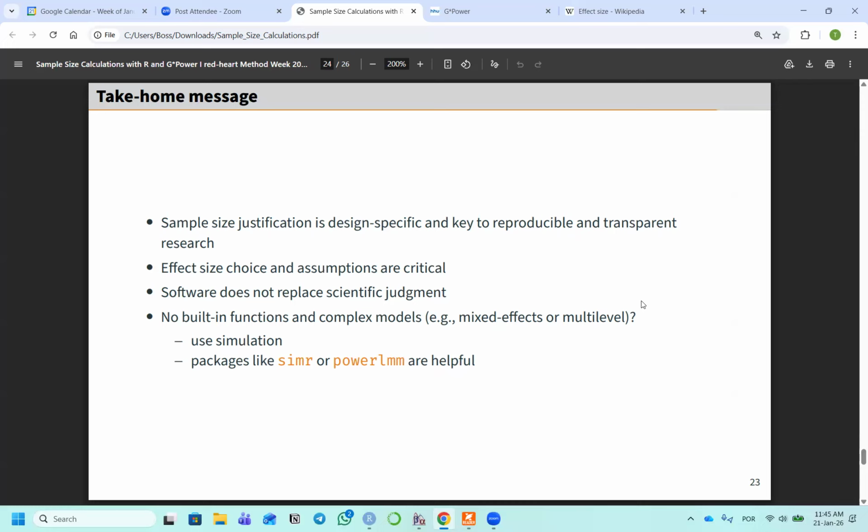So again, justifying your sample size is very critical and important for reproducible and transparent research. If I am invited to review your paper, and you clearly state your sample size justification, I can possibly start trusting you.